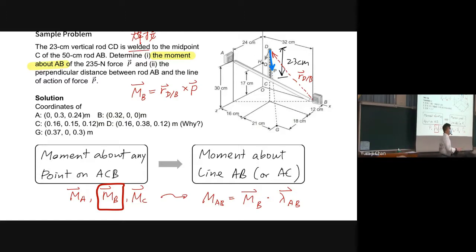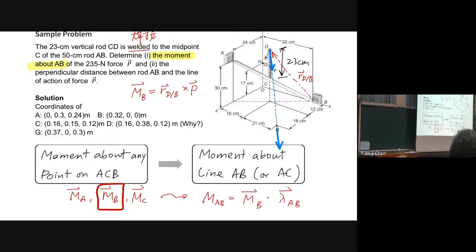Now, for rigid bodies, we can calculate the equivalent force by moving it to the front or moving it to the back. Now, if we move the force P to the front, something will become easier.